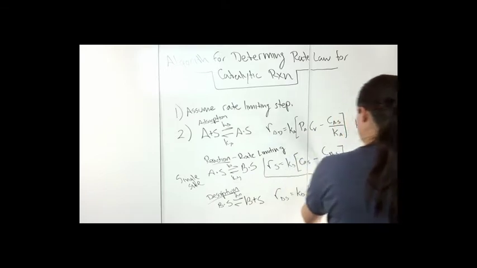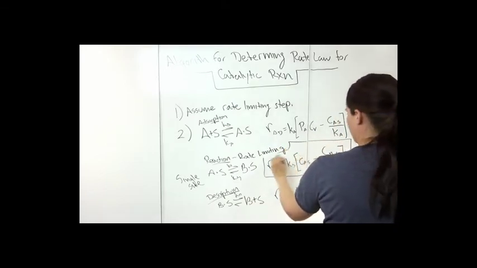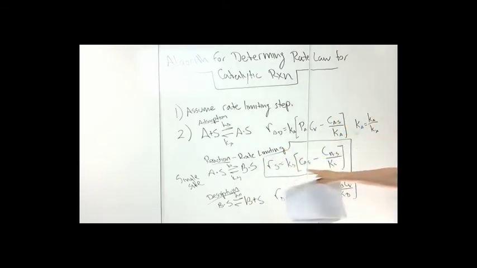So then looking at this rate, this is technically the rate of this reaction, because if this is limiting, then even if these two are fast, the entire reaction isn't going to be any faster than this one. And so looking at this, it has a few issues. First of all, we don't have any way to measure CAS and CBS, and so we want to put those in terms of things that can be measured.